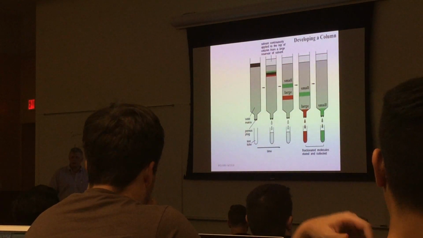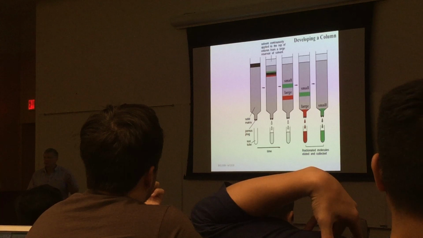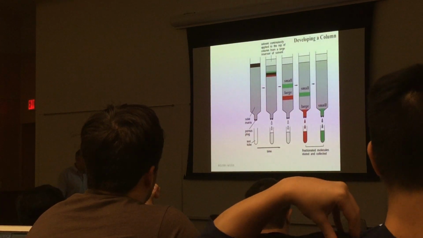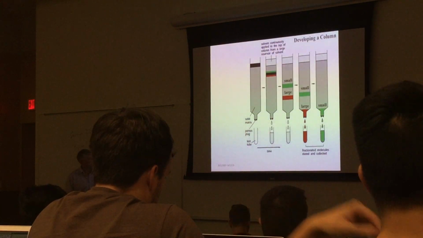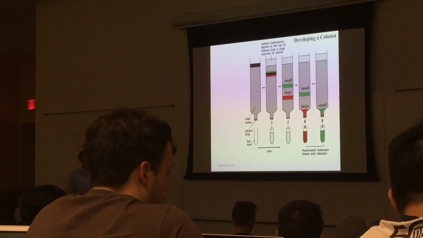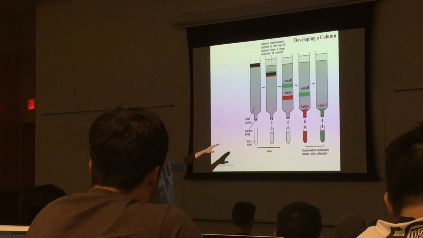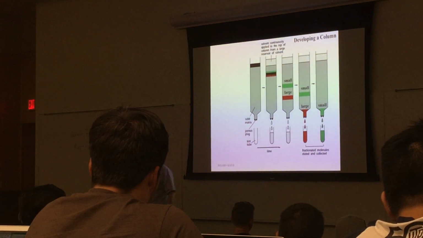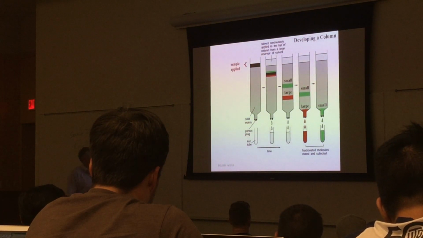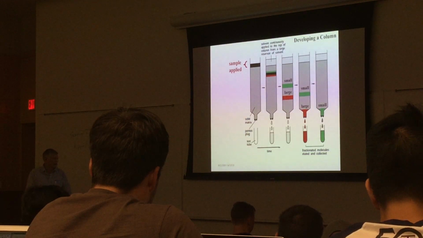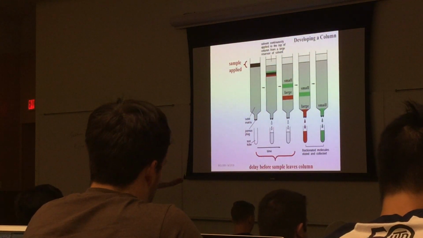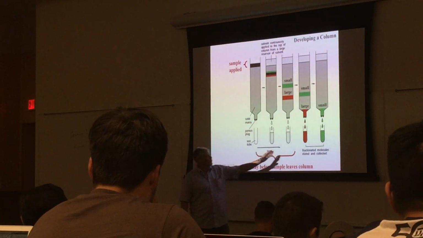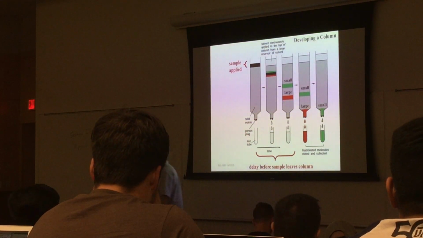That solid matrix is the bed volume, the volume of that matrix when it's ready to be used, in our case under gravity. We have some type of porous plug, in our case a Luer lock, and we apply our sample on there. Over time, you're going to see that there's a delay before our sample comes off the column.